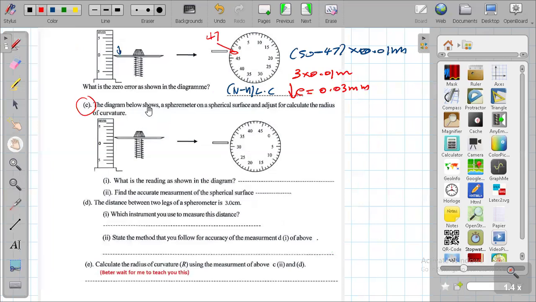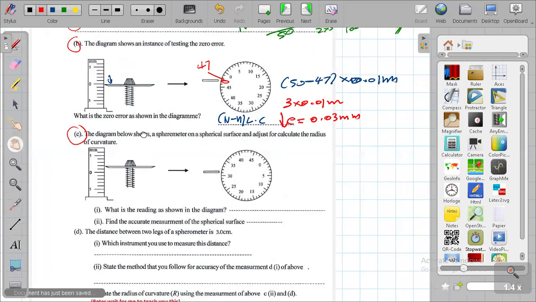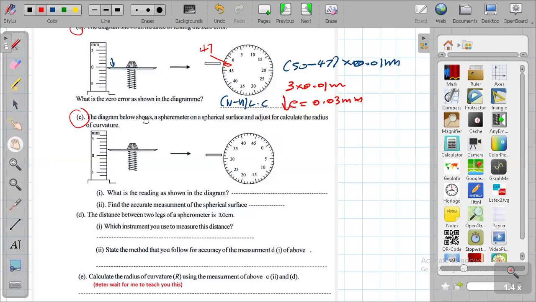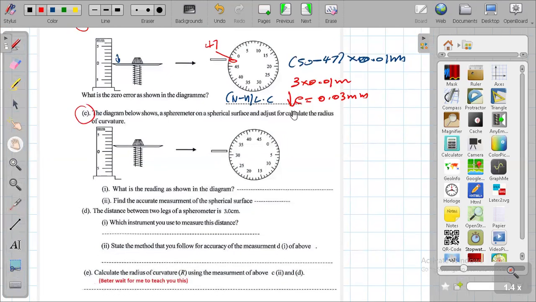Now the diagram shows a spherometer on a spherical surface, and asks to calculate the radius of curvature. What is the reading as shown in the diagram? Now you can clearly see if I enlarge this one and show you.